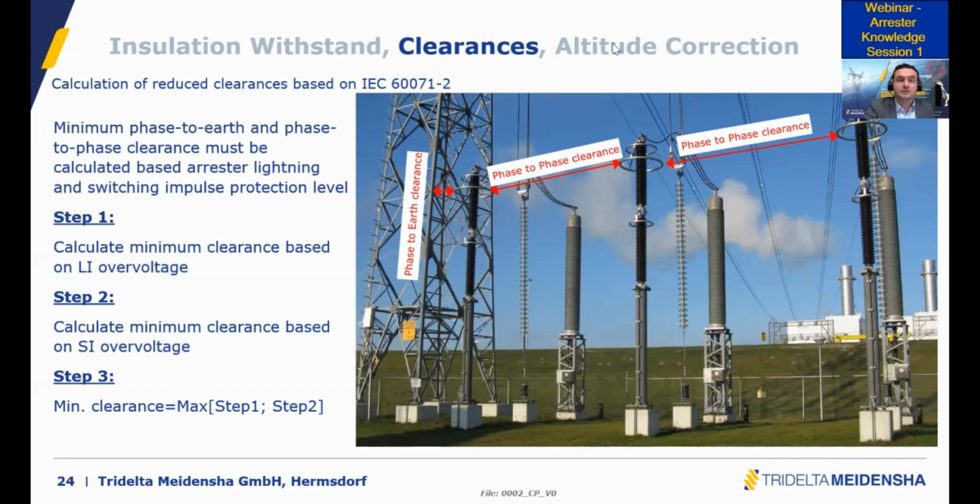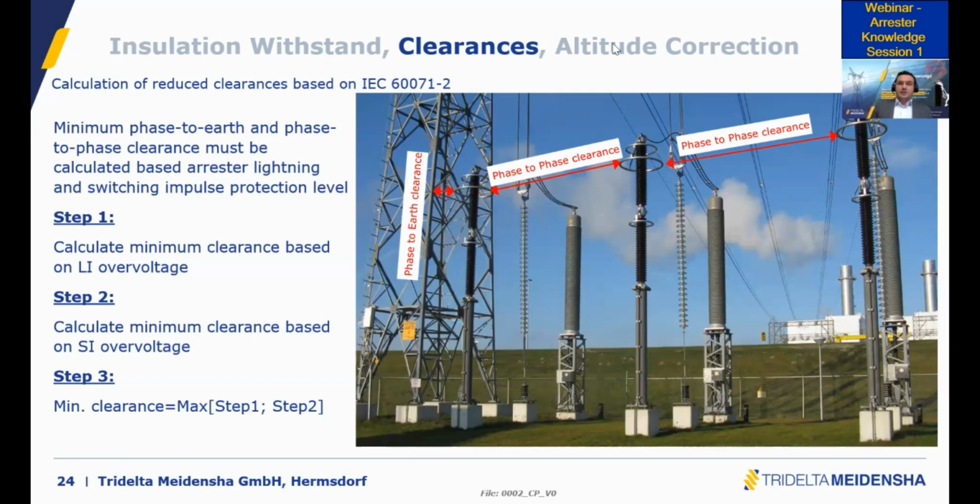Okay, go to the next one. From Fernando Ramos: does the use of the altitude correction factor apply when the surge arrestor will be installed at an installation less than 1,000 meters?